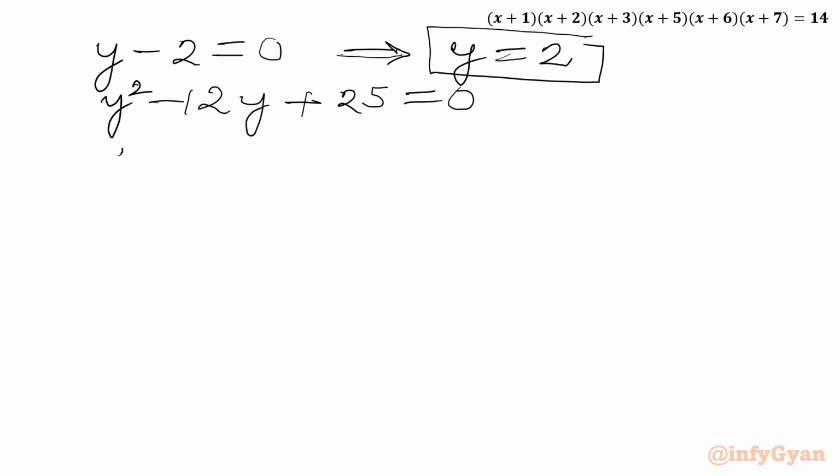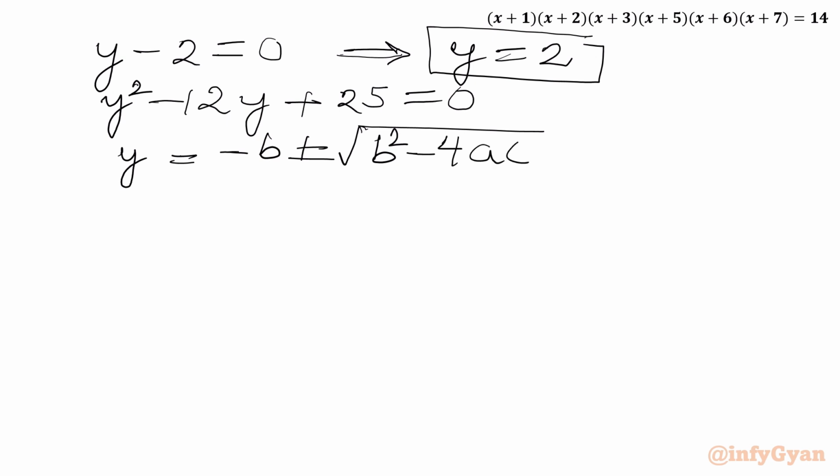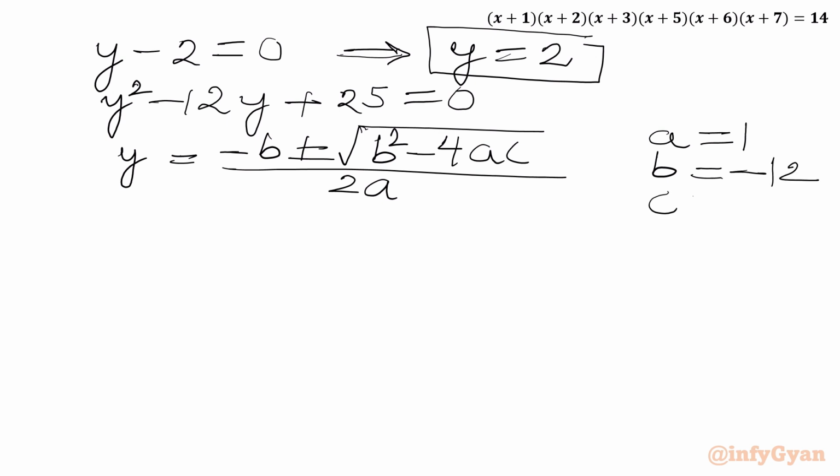Let's use quadratic formula. y is minus b plus minus the square root of b square minus 4ac over 2 times a. Here a is coefficient of y square, 1, b is coefficient of y, negative 12, and c is constant 25.